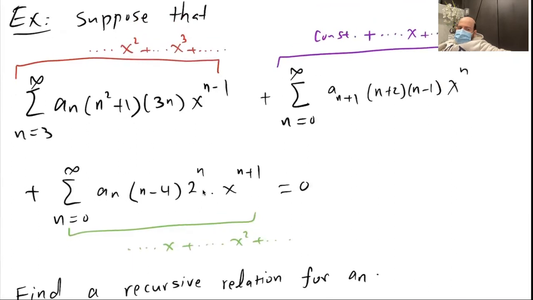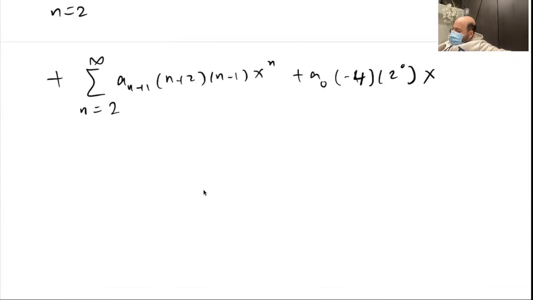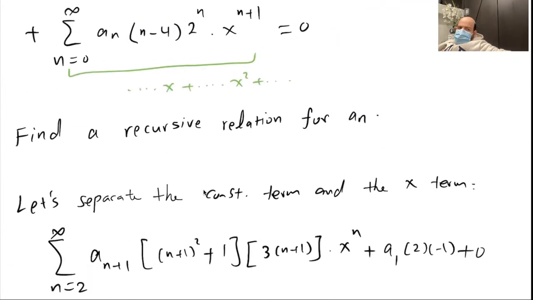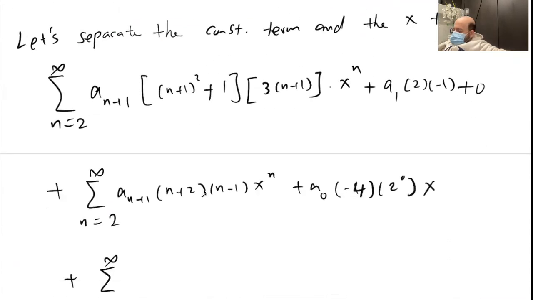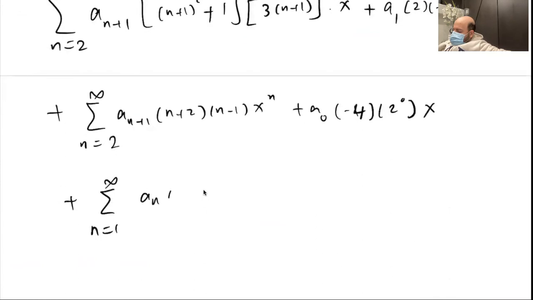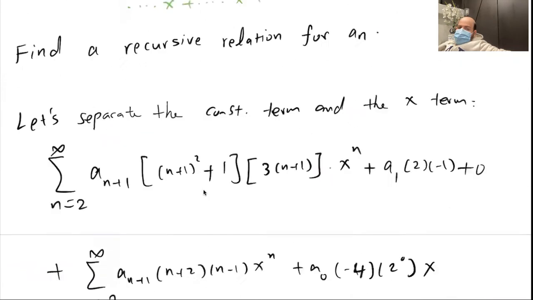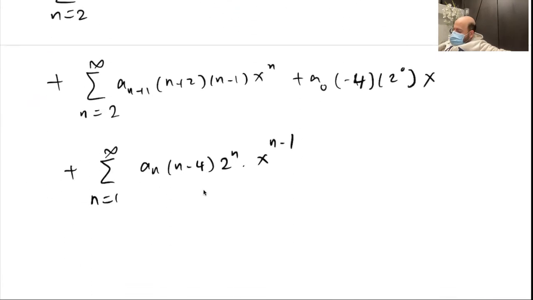And then I have to write the rest as a sigma. So plus sigma n from 1 to infinity of this term, a n, n minus 4, 2 to the power n, x to the power n plus 1.